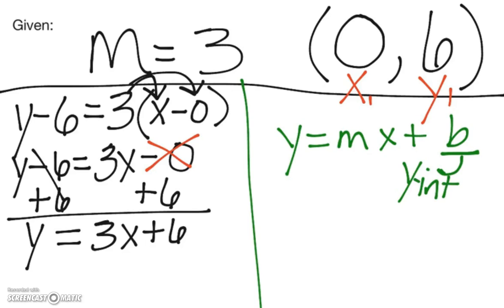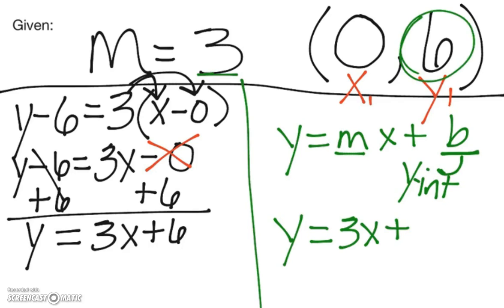If you get this kind of problem, then you can just say y equals, plug in your m, 3x, plus, and we have our y-intercept here. And again, that's our y-intercept because we have a 0 in the x spot. And you'll notice that that's exactly the same equation that we already got a moment ago using our previous formula.